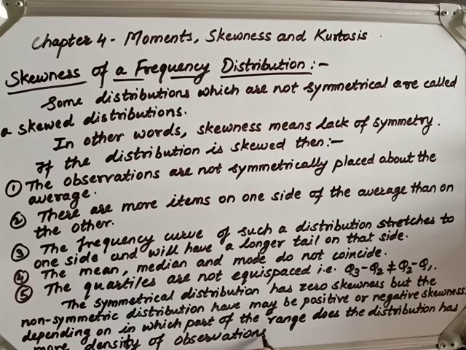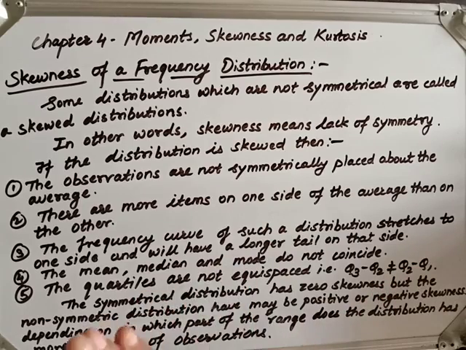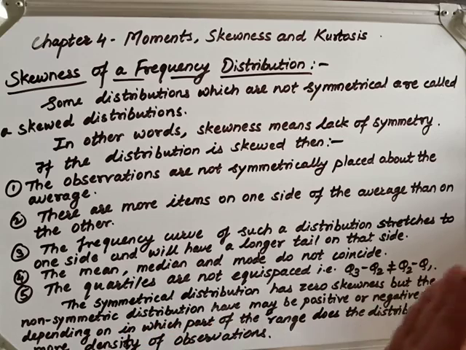In a non-symmetric distribution, if the skewness is positive, then the density of observation is in the lower part of the range rather than the higher part. It means it is dense near the origin. While with negative skewness, the peak is towards the right.